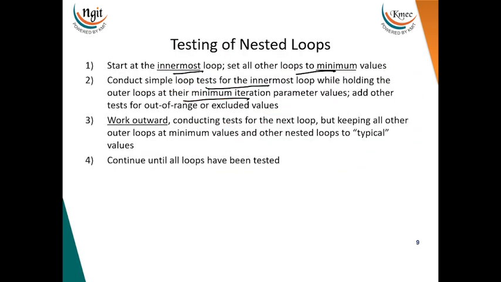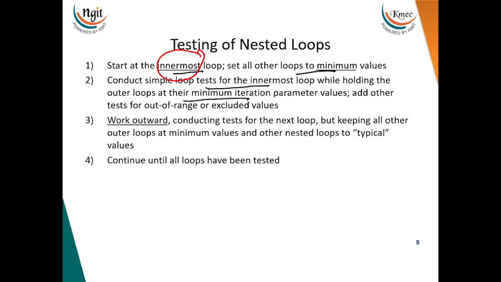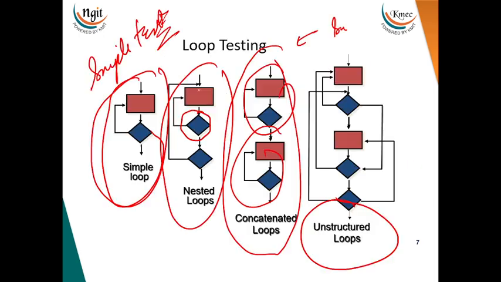Then we come to testing in a nested loop. Start with the innermost loop. Then set all the other loops to minimum values. Conduct a simple loop test for the innermost loop while holding the outer loops at their minimum values. So first execute the inner loop with the minimum value for the outer loop.